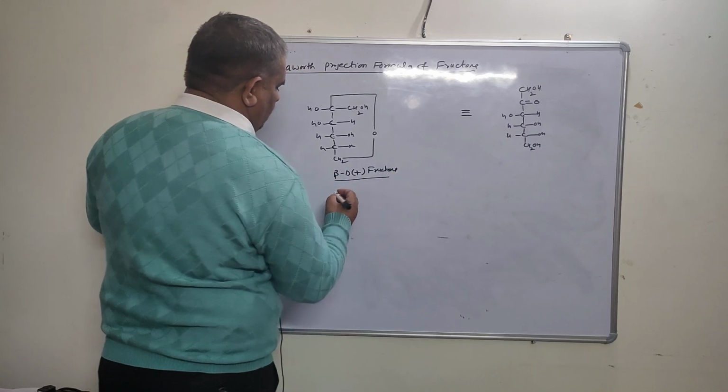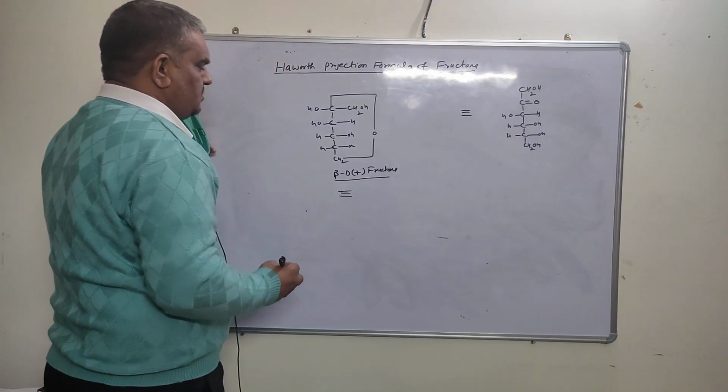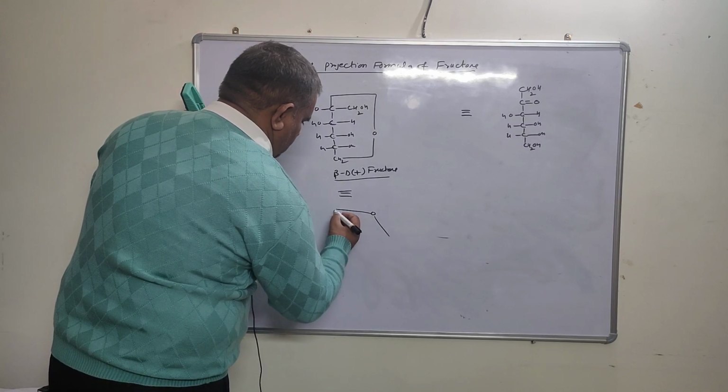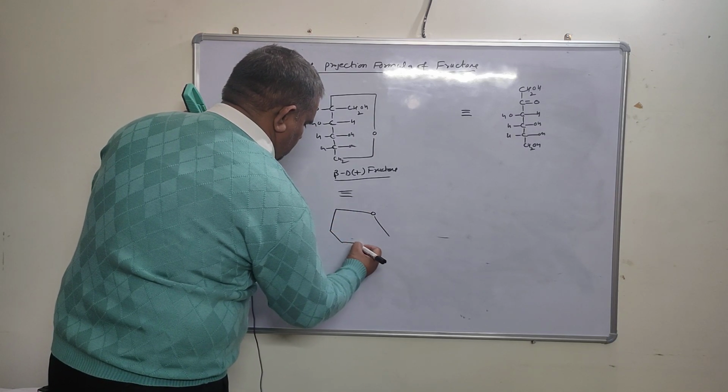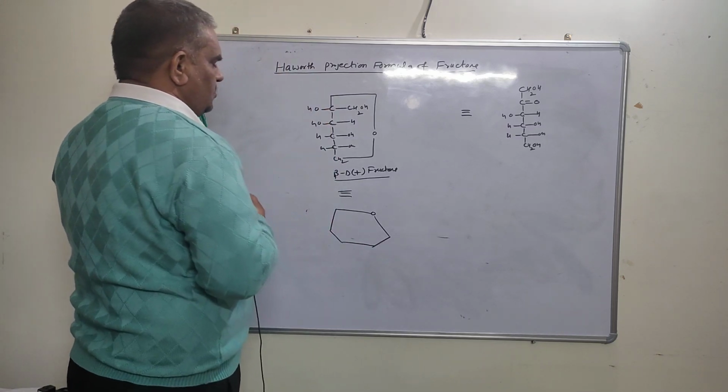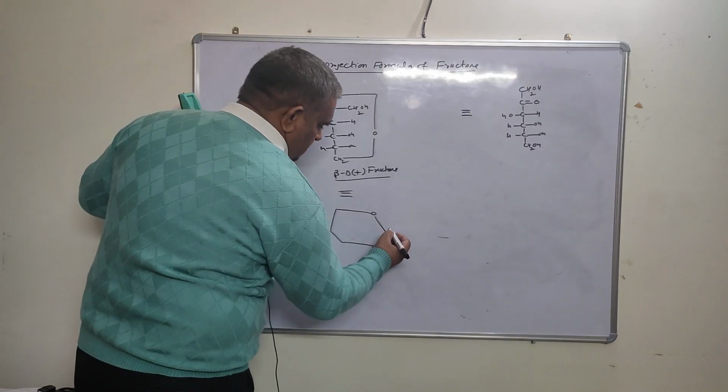तो इसका जो हावर्थ पोजीशन फार्मूला होगा, the 6 member ring pyran, OH सेकंड कार्बन पे इस साइड में है, तो ये नंबर है बीटा.